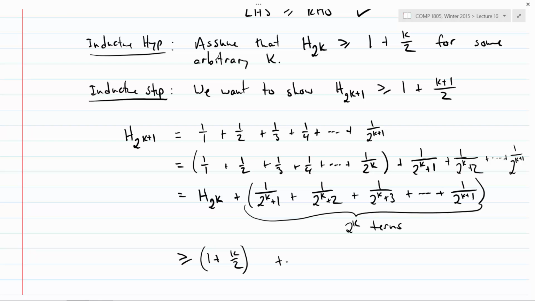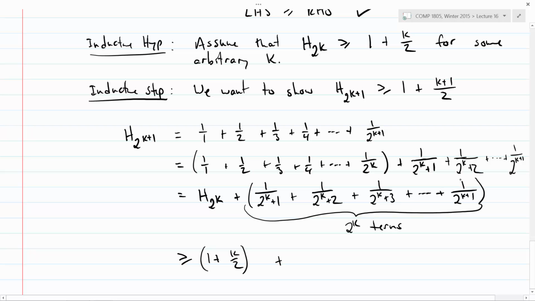So I want to know what's the smallest the thing on the right could be. Well, I need to get it pretty close, and the way I'll show you is the following. What's the smallest term in these 2 to the k terms? The smallest term will be the one with the biggest denominator.